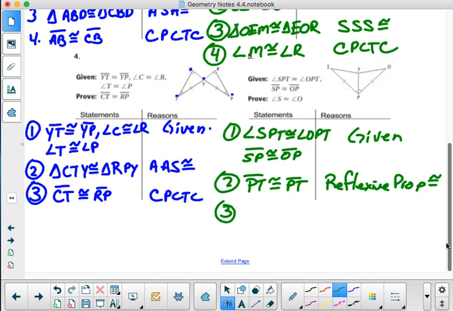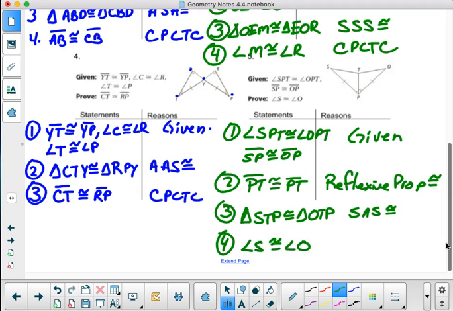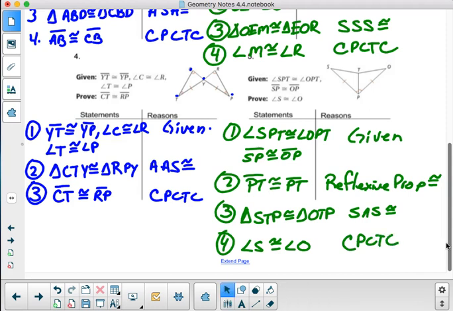Step 3, I've got the two triangles congruent with side angle side, so I know triangle STP is congruent to triangle OTP because of side angle side congruence. Step 4, I've got angle S congruent to angle O because of CPCTC.